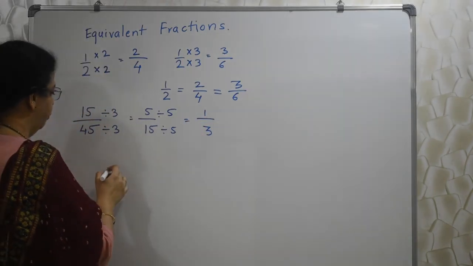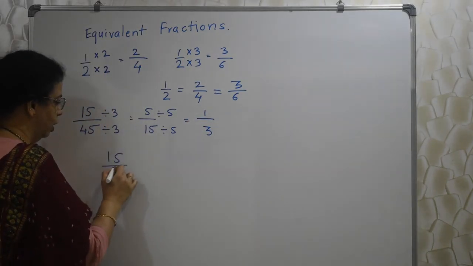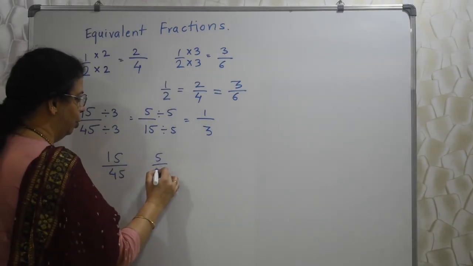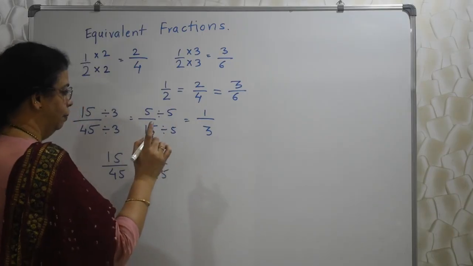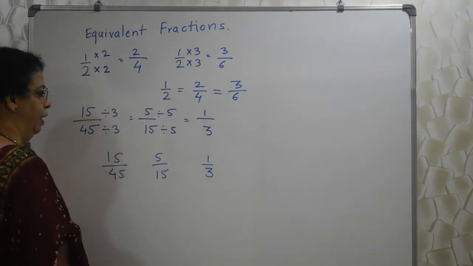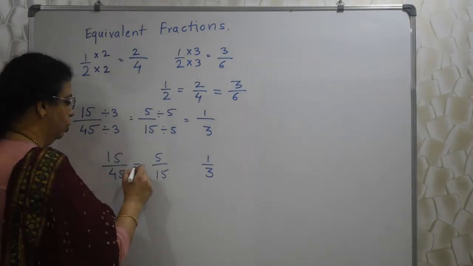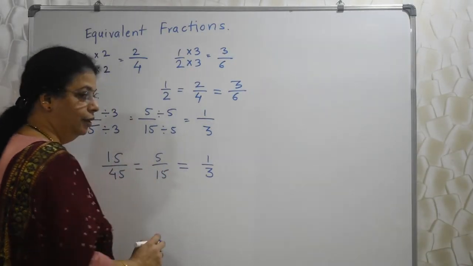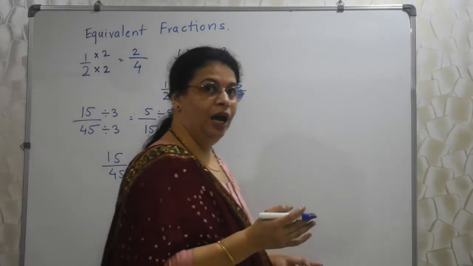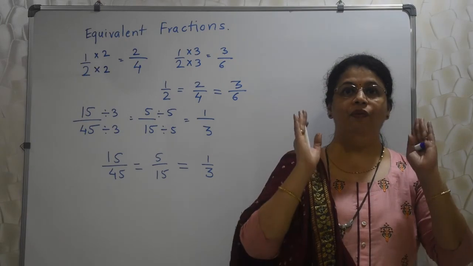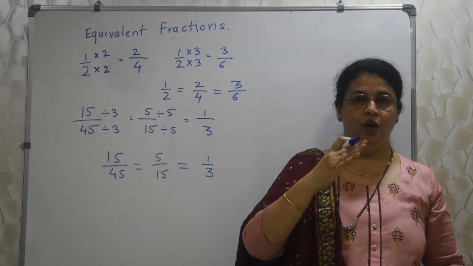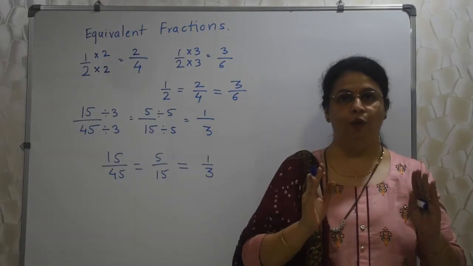So here 3 different fractions. This was the original one. Then this we got after dividing it by 3 on both the places, numerator, denominator, and this by dividing by 5. So these three fractions, with different digits, are of same value because we treated both numerator and denominator with exactly same operation.